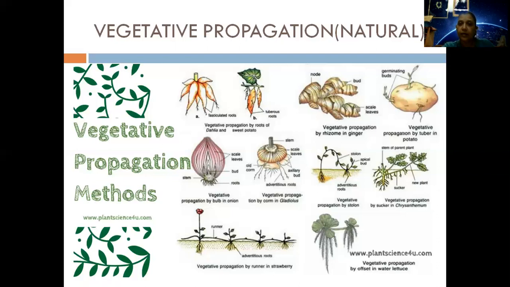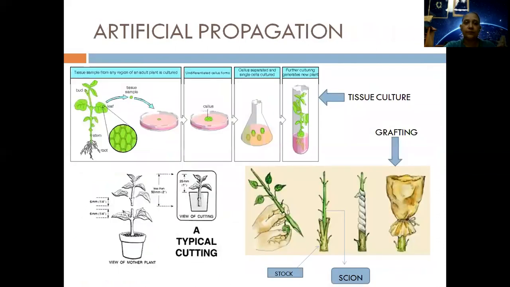Okay, correct? So we go to the next slide, that is artificial propagation. Now what do you understand by the word artificial propagation? It means it is done artificially.